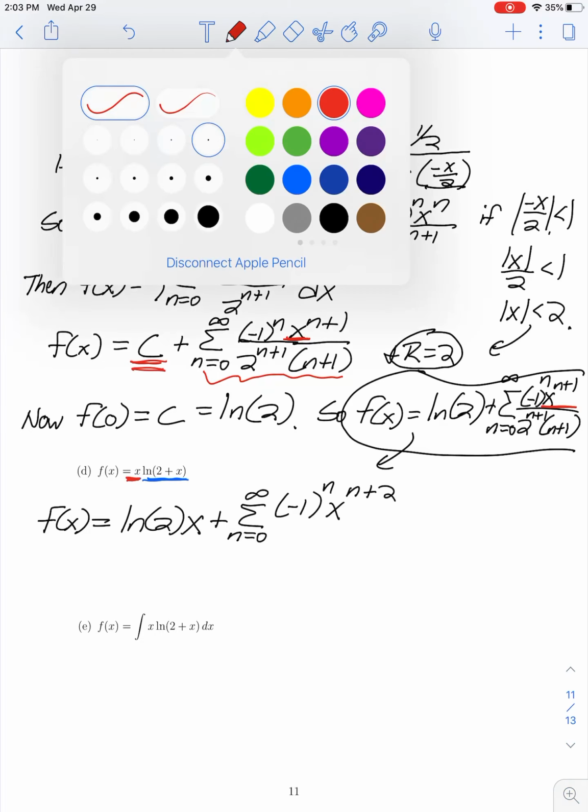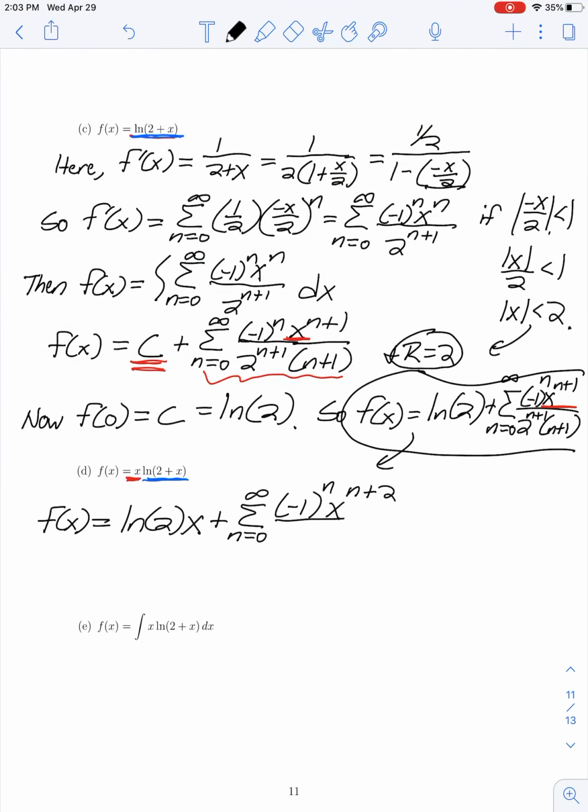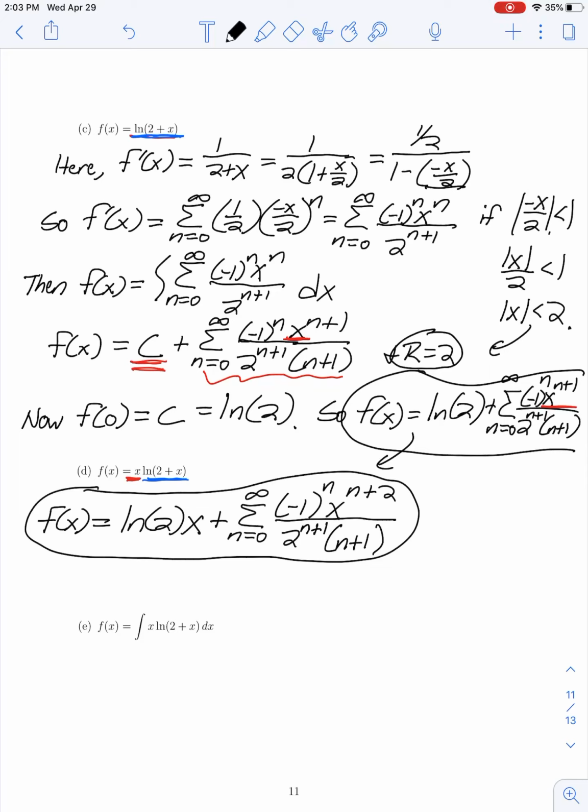So we get x to the n plus 2. And then the whole thing is being divided by 2 to the n plus 1 times n plus 1. So we would have the following power series representation of that function, and we would have the same radius of convergence, r equals 2.